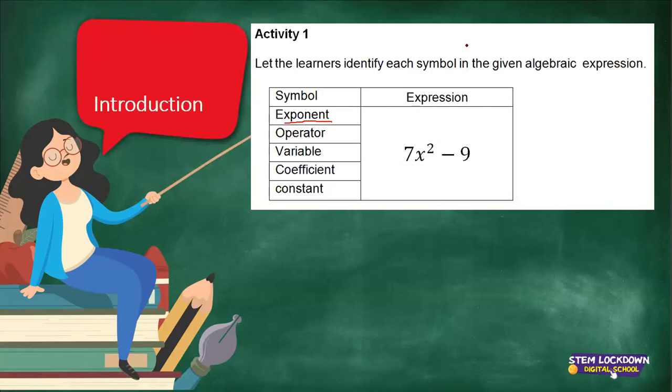But in this case, the exponent will be 2, right? So all of you who said 2 are correct. This is an exponent, but sometimes an exponent could be called a power as well. So exponent and power, basically those are one and the same thing, right?